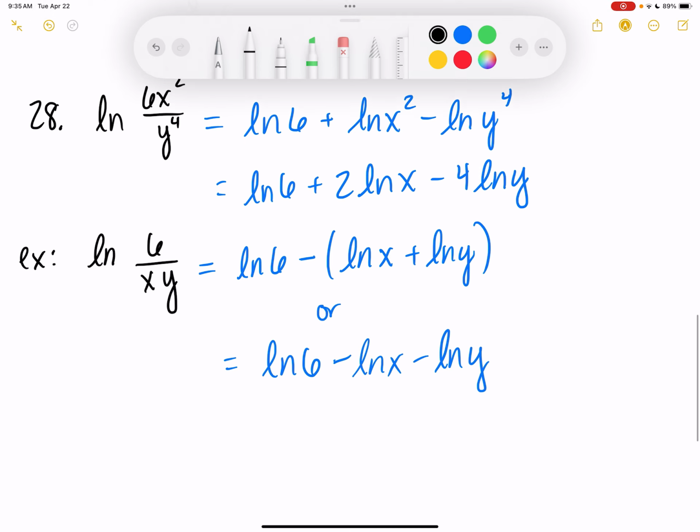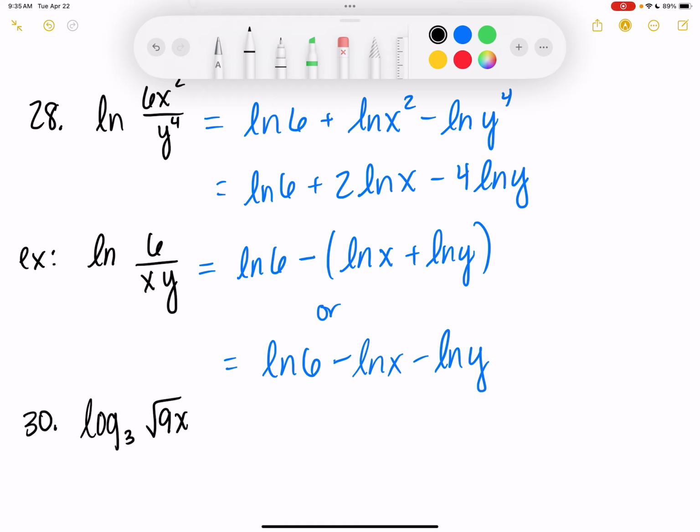30. Log base 3 of the square root of 9x. I've got a couple things going on here. What do we notice? The root can be rewritten as a power of one half.